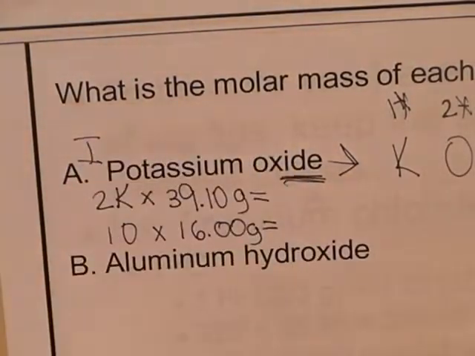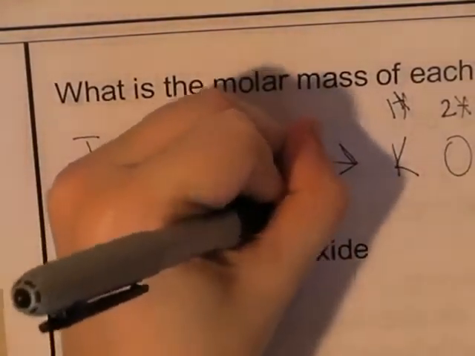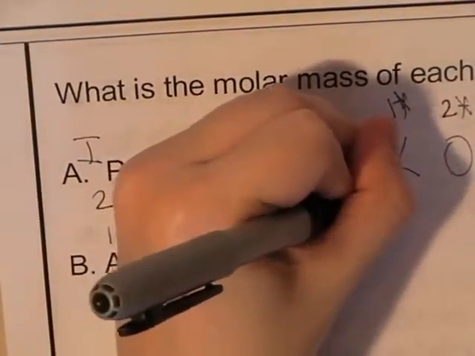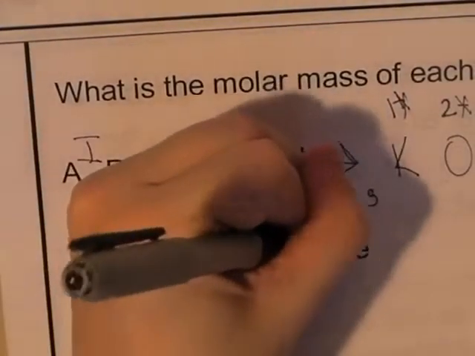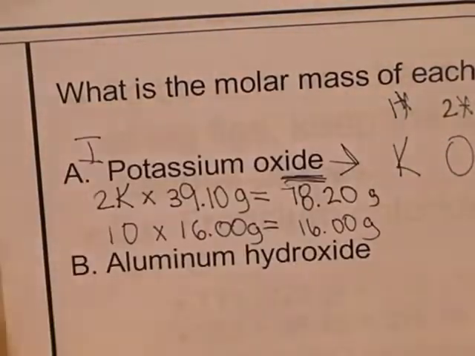So if we are going to do some calculating, you just need to do 2 times 39.10. 39.10 times 2 is 78.20 grams. That wasn't that difficult. And then 1 times 16.00 is obviously just 16.00.